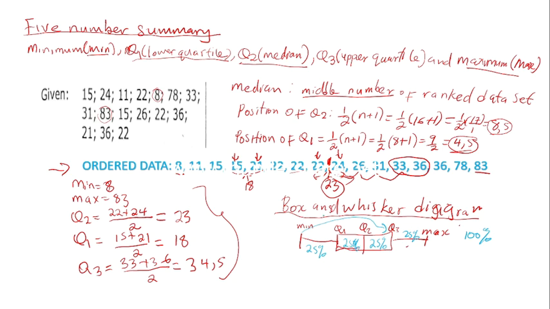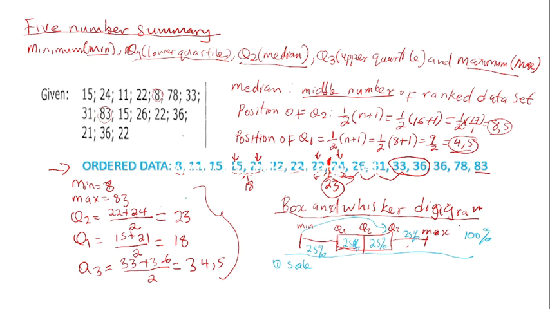So for us to draw this box and whisker, we must have a scale to draw the box and whisker diagram. If you don't have a scale, we cannot estimate the distribution of the data. So in fact, this is how our data is distributed in 100%. So everything's covered.